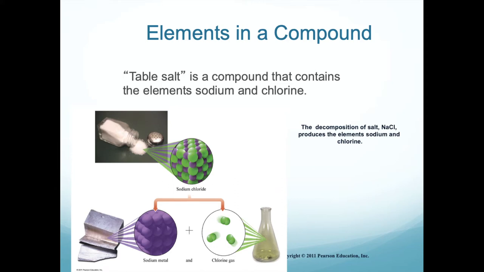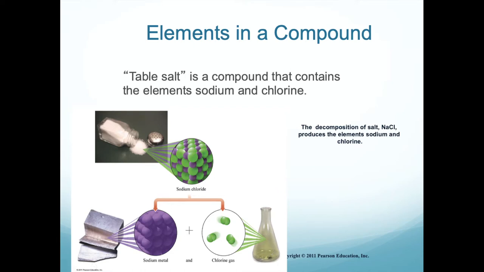Now, if you look at sodium chloride, table salt, I think most of you are probably familiar with it. You've seen it's a white crystalline solid. But compare that to the sodium and the chlorine that it comes from. Okay, sodium metal is a very silvery, soft metal. Okay, and chlorine gas is this sort of greenish yellow, very reactive gas.